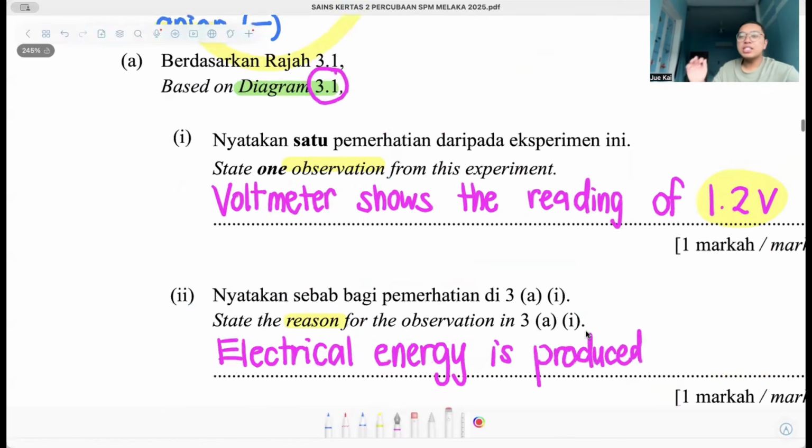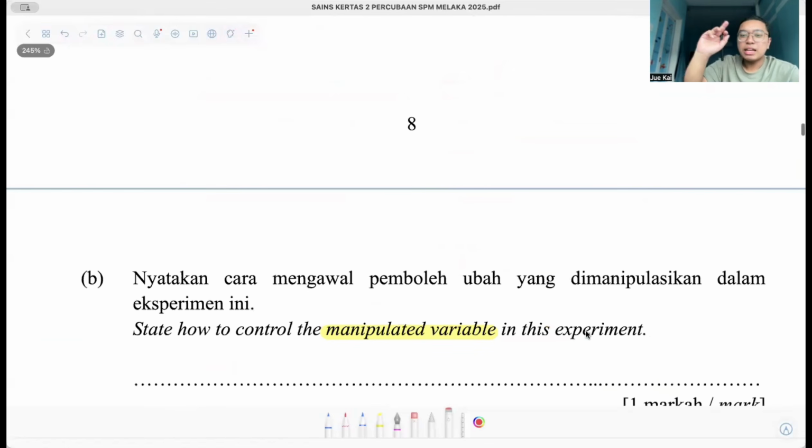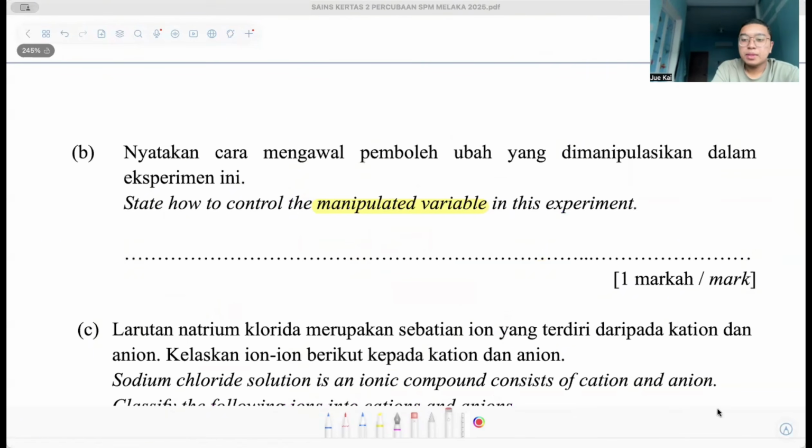So how about this question? What is the MV? Firstly, you tell me the MV first. What is the MV? I already said, sugar and milk. It is type of ingredient. So for this question, what is the MV?